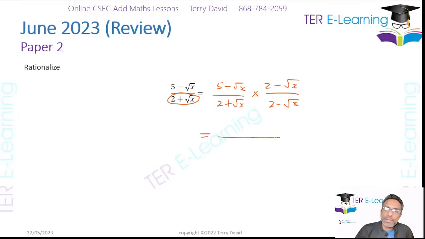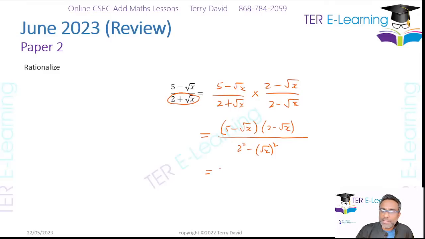So on the numerator, it's going to be 5 minus root x multiplied by 2 minus root x. At the bottom, whenever you multiply by the conjugate, you're going to use the difference of two squares. So this is going to be 2 squared minus square root of x squared. You're going to multiply the bracket on top.